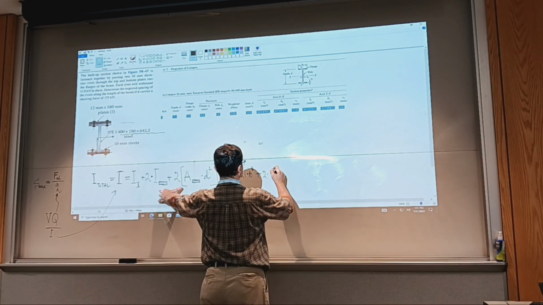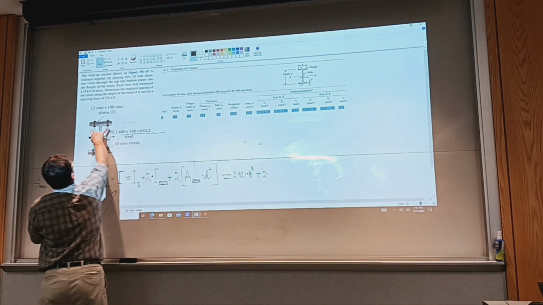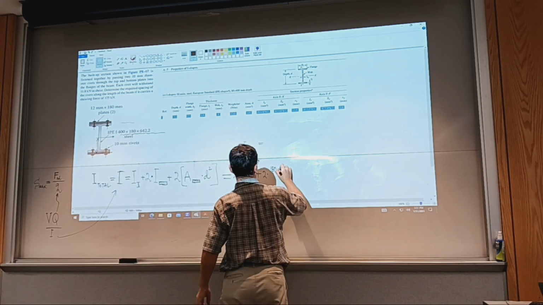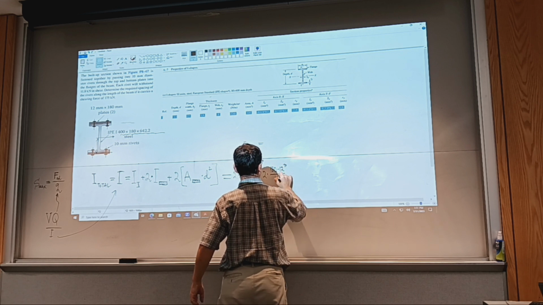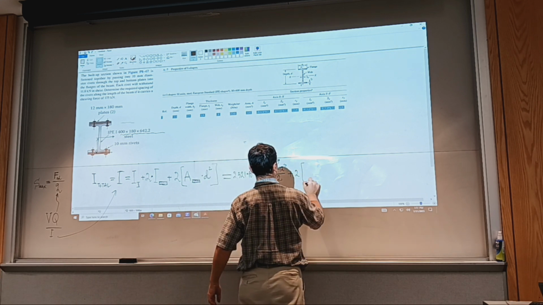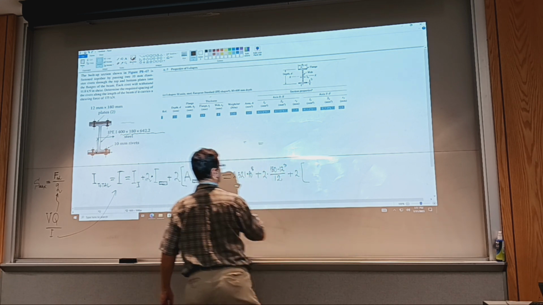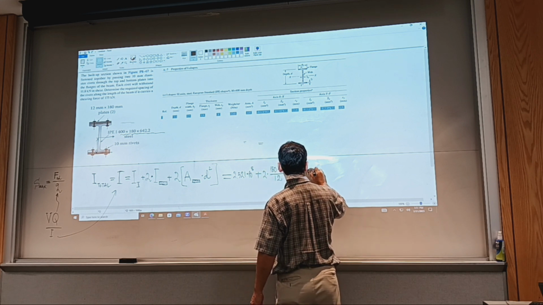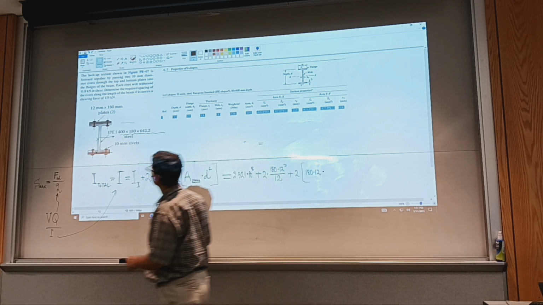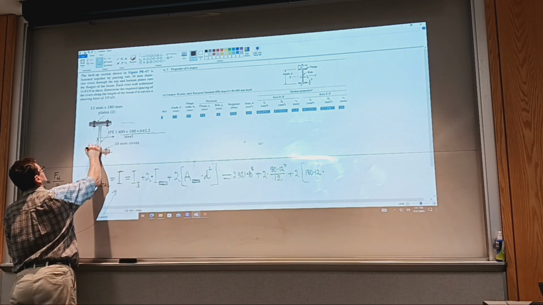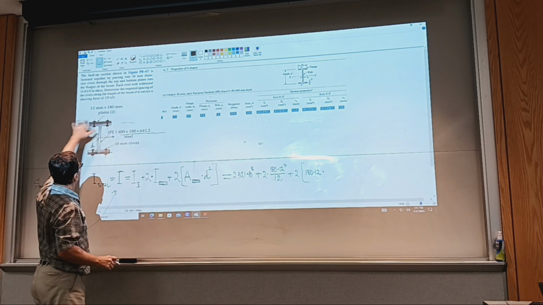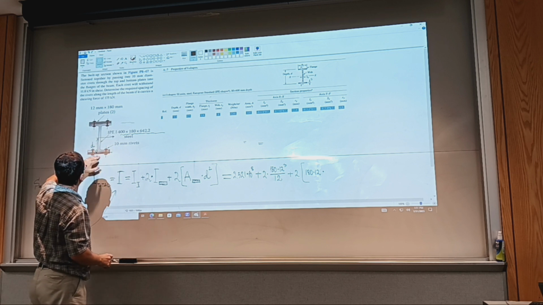So this is going to be 180 times height 12 to the power 3 over 12, and then plus 2, because I have 2 plates, and the area of a flat is 180 times 12, and then times the distance squared. So this is the distance that we need. Again, the analysis for this set of rivets is the same as for set one because of symmetry.